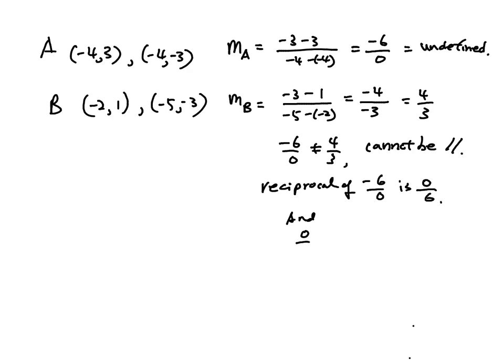And 0 over 6 is not 4 over 3. Therefore, this one is not perpendicular either. So in this case, what we have is neither.